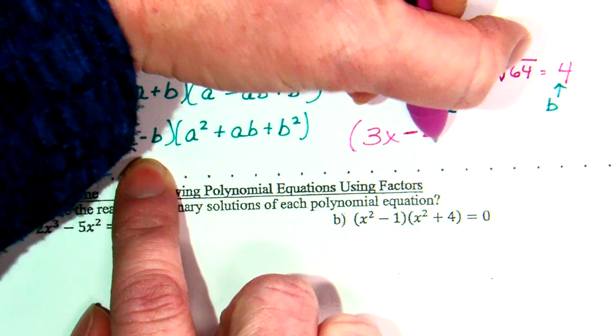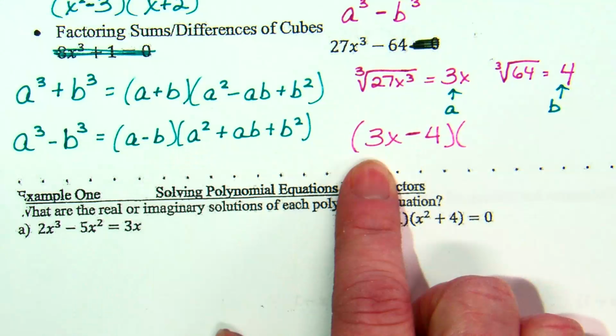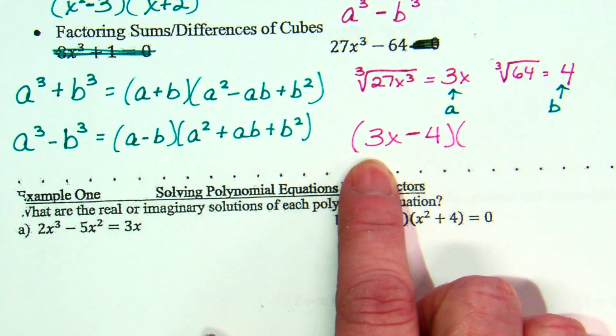Second parenthesis, a squared. So whatever was first in your first parenthesis, square that. So 3x quantity squared. What's 3x quantity squared? Not 3x squared. 9x squared. When you're squaring it, you're squaring the whole term.